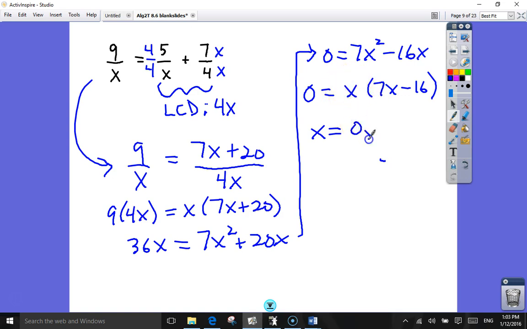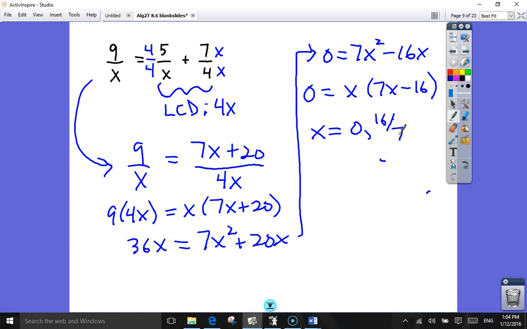0. And what's the solution that comes from 7x minus 16? 16 over 7, okay? Now, check for extraneous. What if I plug in 0 into the original equation? Forget about the blue marks that I put in there. Would that be okay? It would not, because you divide by 0 here and here.